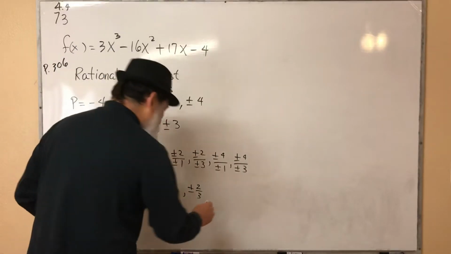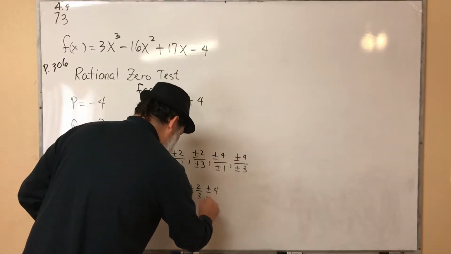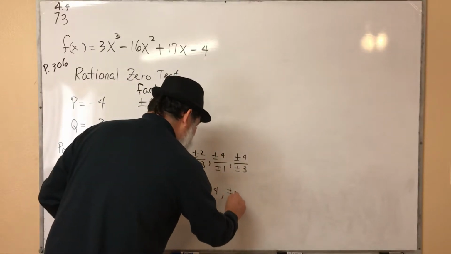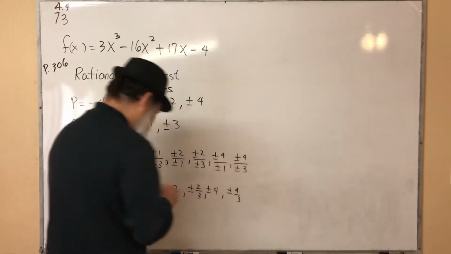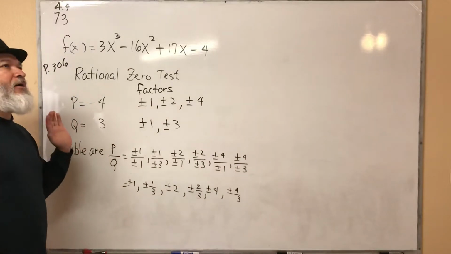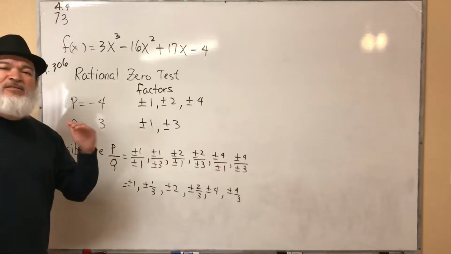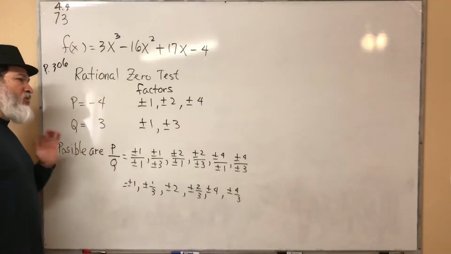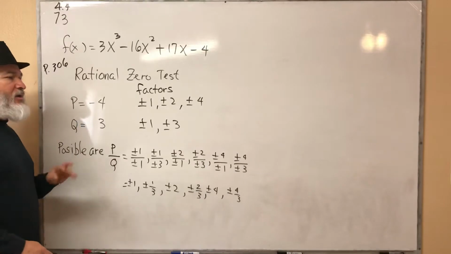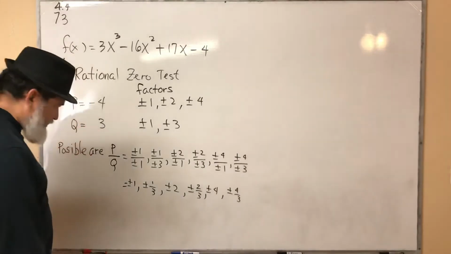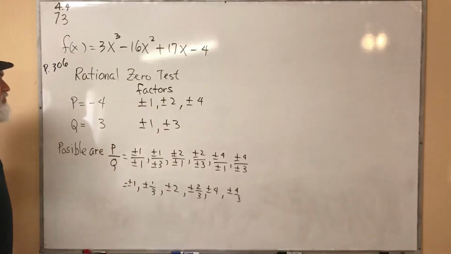From this one we get plus minus 4. And from that one we get plus minus 4/3. These are the possible real zeros, or for you to understand, real x-intercepts. There they are.